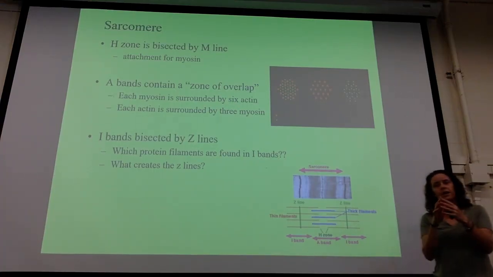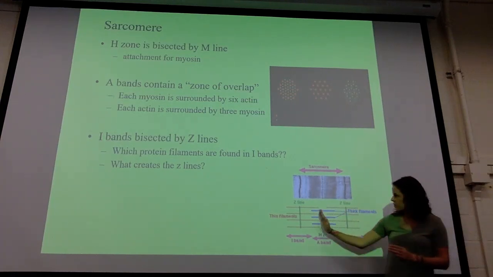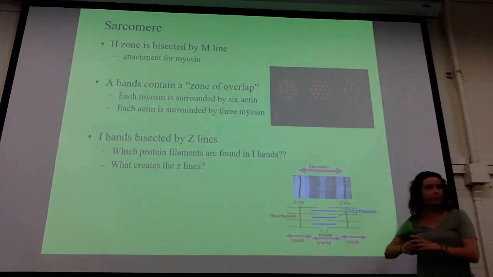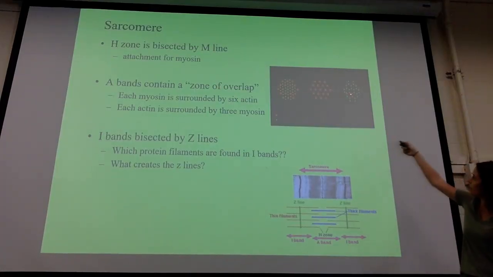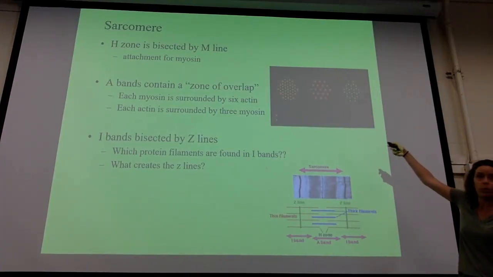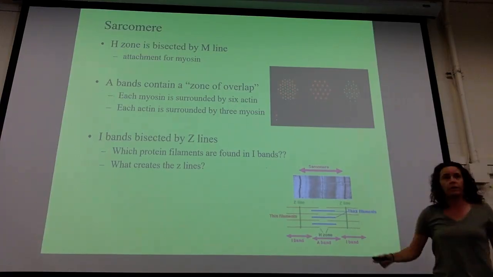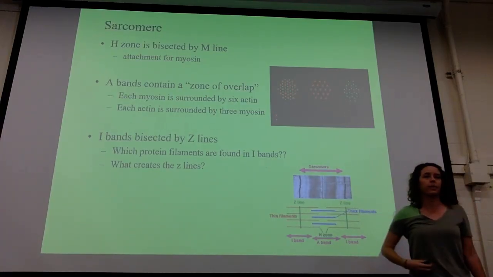So if we were to take a cross section, so like cut it this way and then turn it and look at it from straight on, this is what the zone of overlap would look like. So the thicker red dots are showing you myosin, and the smaller green dots are showing you actin. So each myosin is surrounded by 6 actin, and each actin is surrounded by 3 myosin.